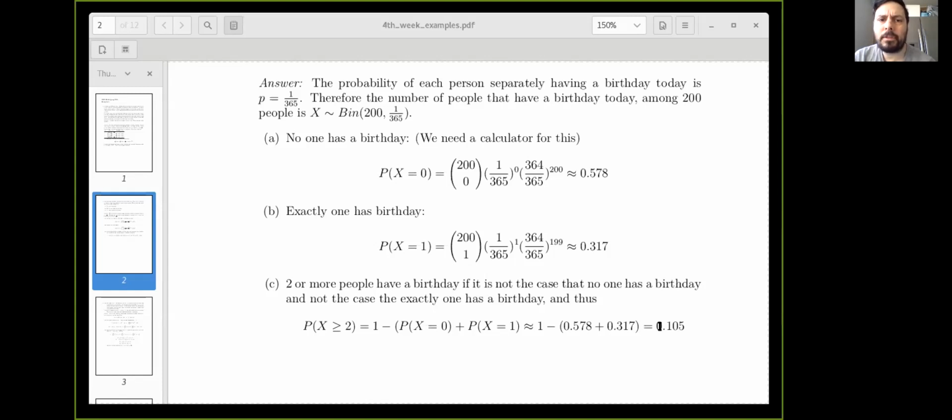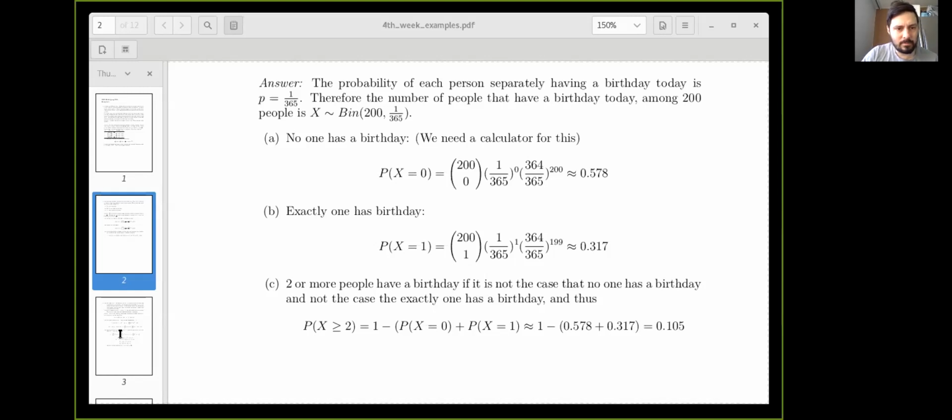Now, the third question was 2 or more people having a birthday, and we've actually already calculated everything that we need, because we know the probability of 0 persons having a birthday today, and the probability of 1 person having a birthday today. So the probability of 2 or more is just the rest of the probability. So that's just 1 minus whatever is left.